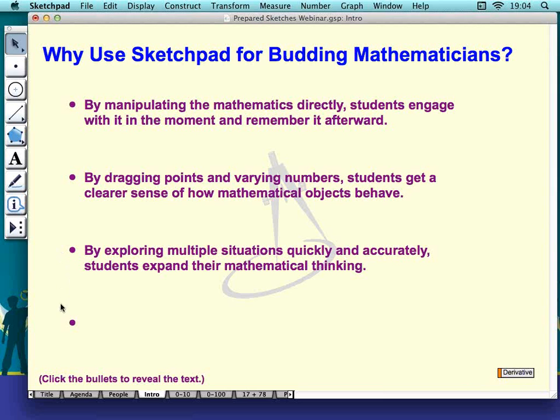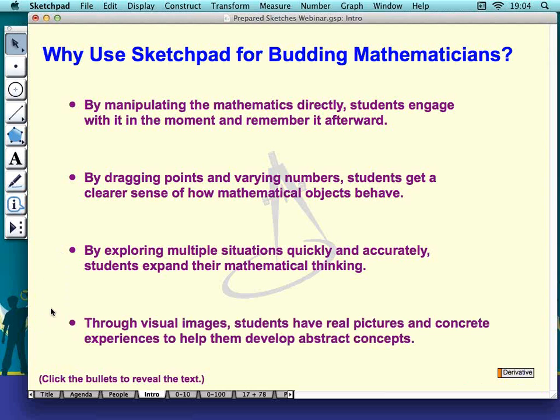They expand their mathematical thinking by being able to explore lots of situations very quickly, much more quickly than they could with physical manipulatives. And the visual images that are created allow students to develop the abstract concepts through that sort of visual imagery that these activities provide.